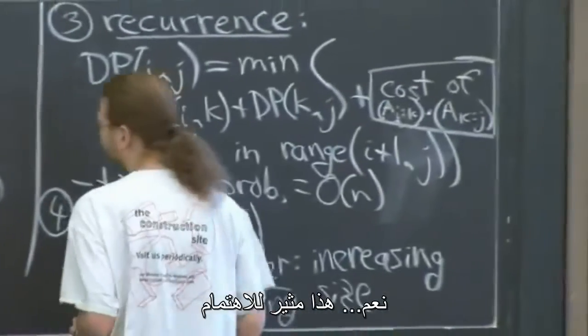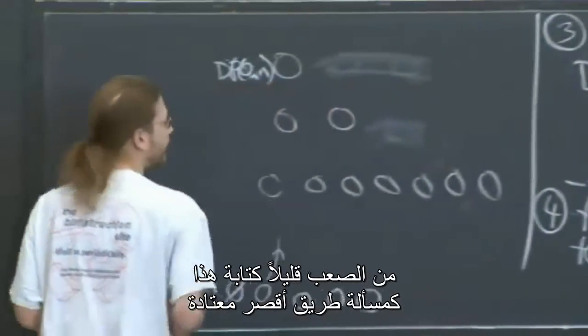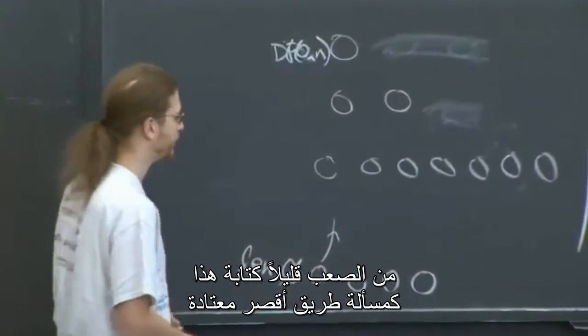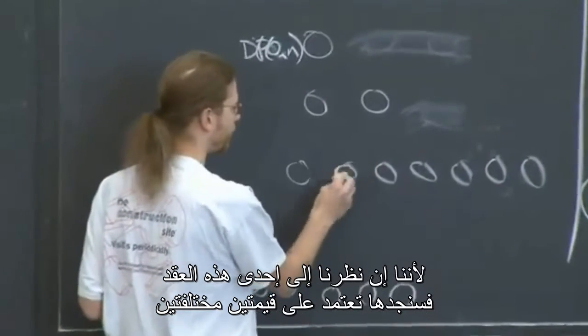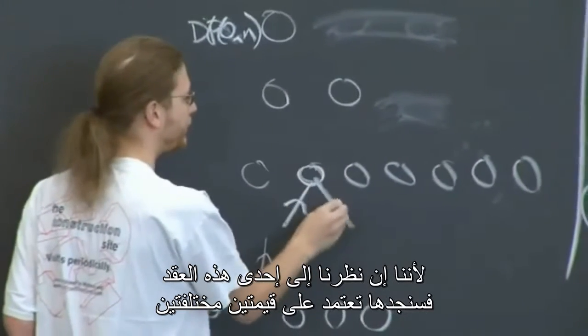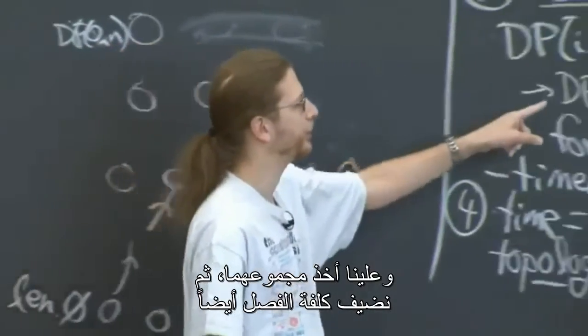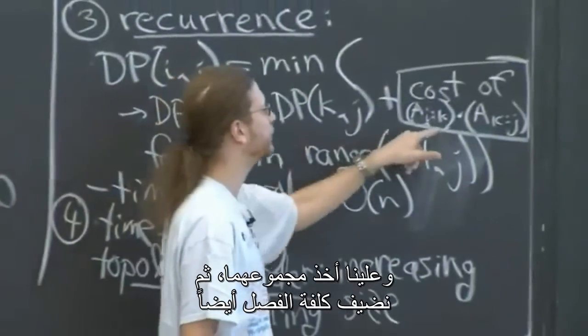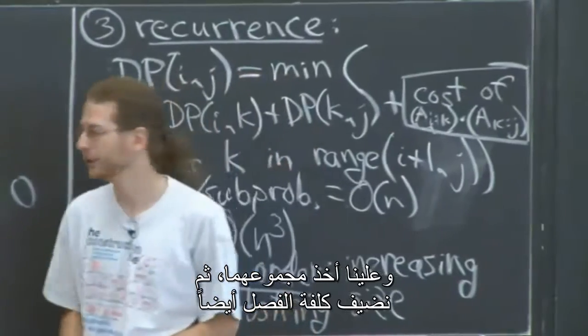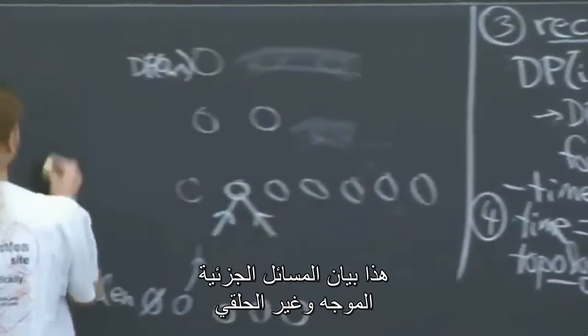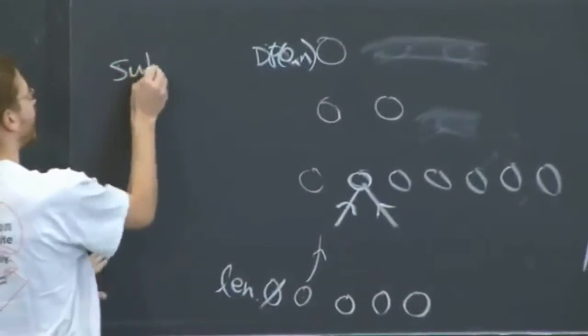Interesting. This is a little harder to formulate as a regular shortest paths problem, because if you look at one of these nodes, it depends on 2 different values, and you have to take the sum of both of them. And then you also add the cost of that split. Cool. So this is the subproblem DAG.